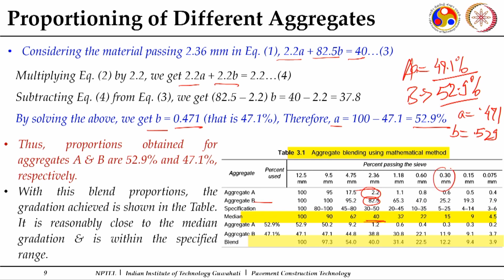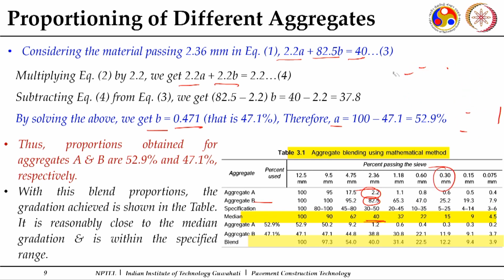So, if I work out for 0.3 mm, so what it says here, I am trying to work out the percentage. The first one says 0.6% only, 0.6 of your 0.471 plus you have 25.2 into 0.529, and this gives you a percentage of 12.2.